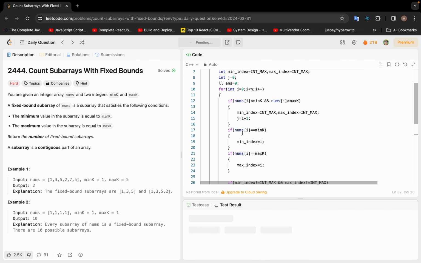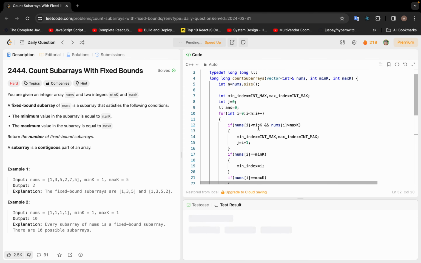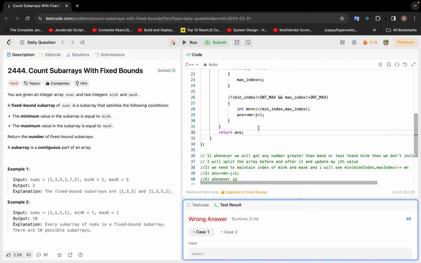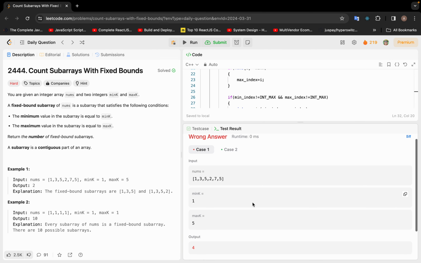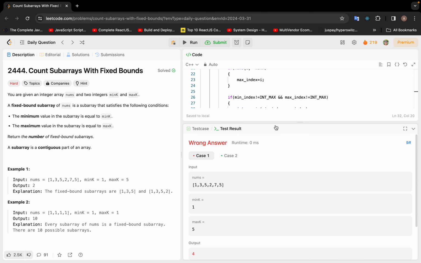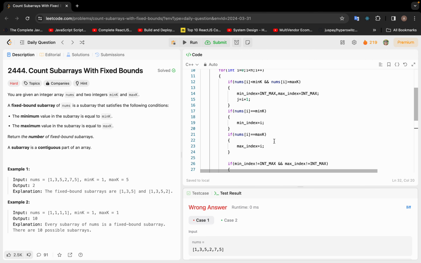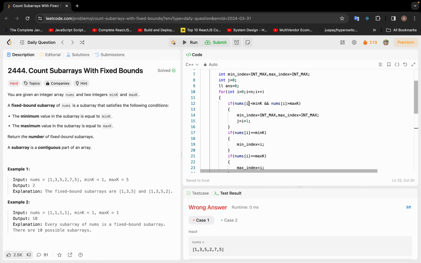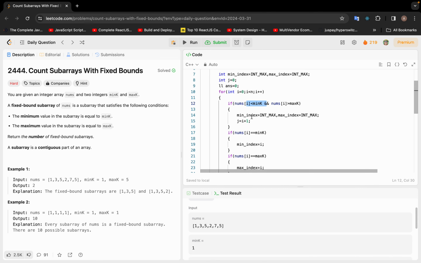Let's run it. I think there should not be any compilation error. Why does it come to 4? Let's see. If nums[i] is equal to max k, I will update the index, jth plus 1.